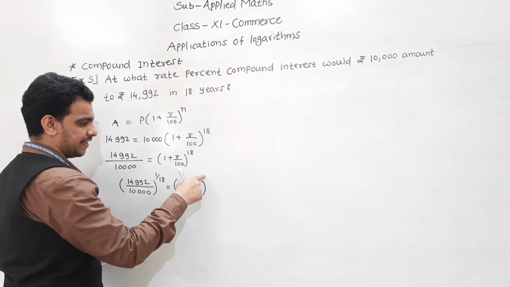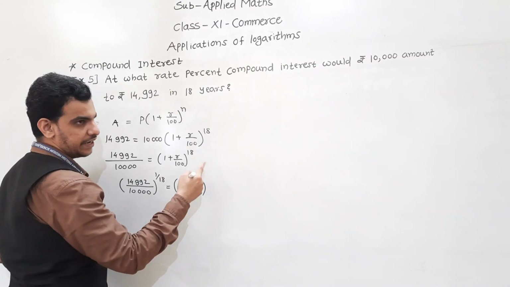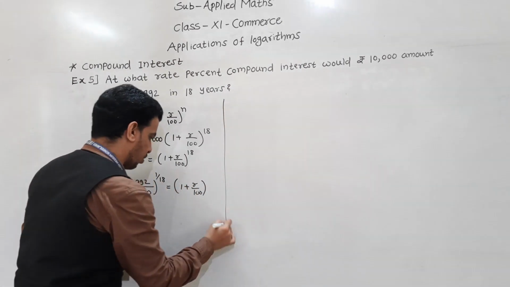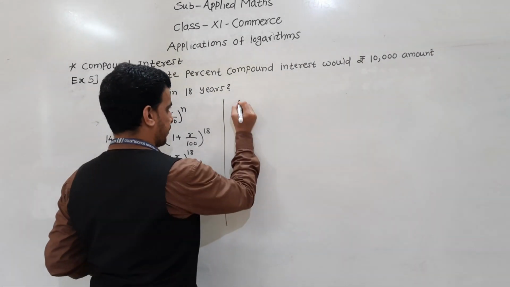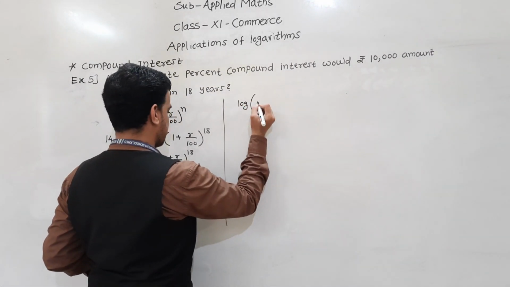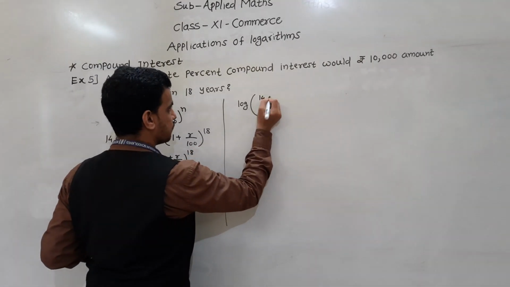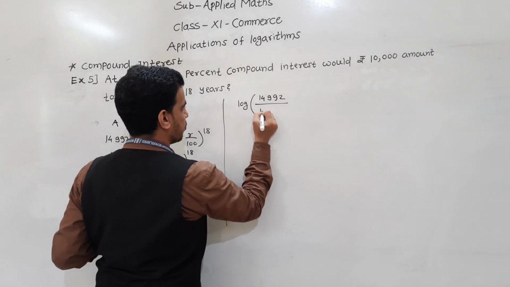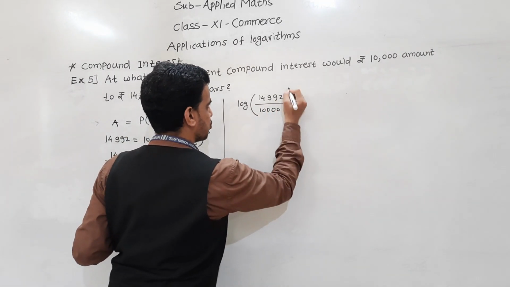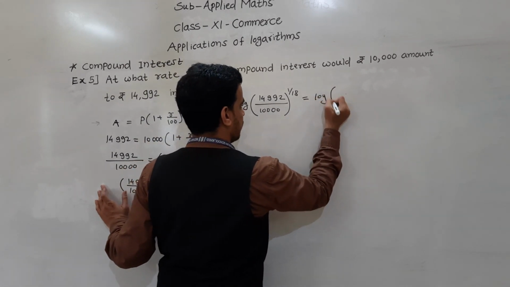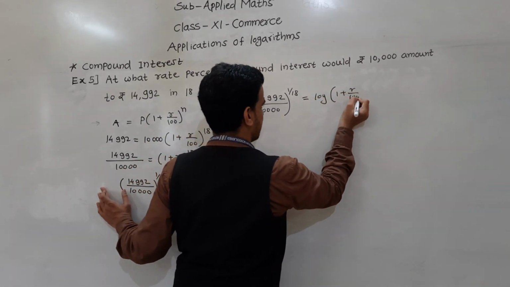Here it is 18 raised to 1 by 18, so 18 cancels, so 1 remains. Now we have to take log on both sides. So the log of 14,992 upon 10,000 raised to 1 by 18 is equal to log of 1 plus r by 100.